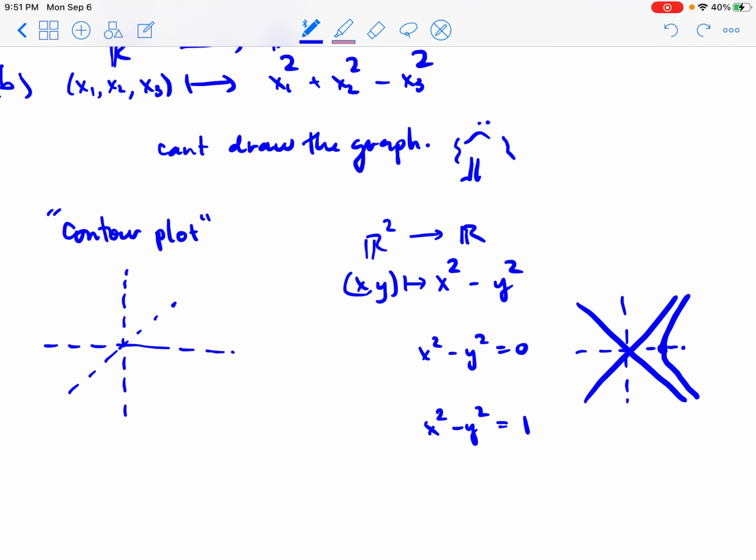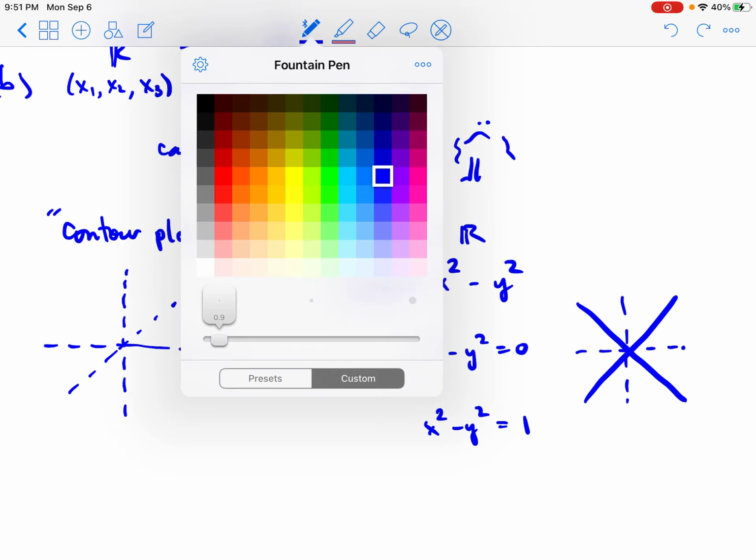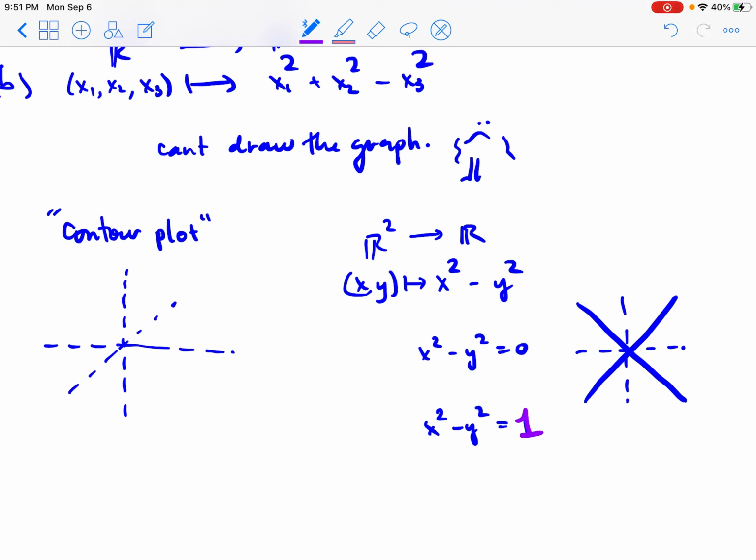So that's how I remember this. And also there's a second piece over here because the point minus 1, 0, when I plug it in, also satisfies this equation. And so actually, why don't I do that in a different color? So the preimage of 1 looks like this and this.